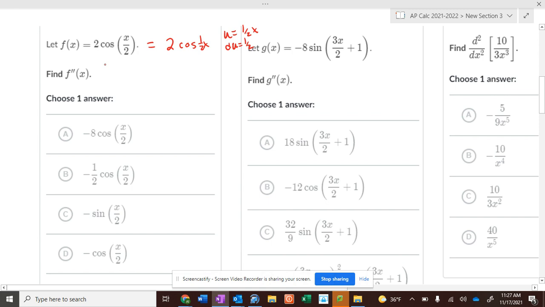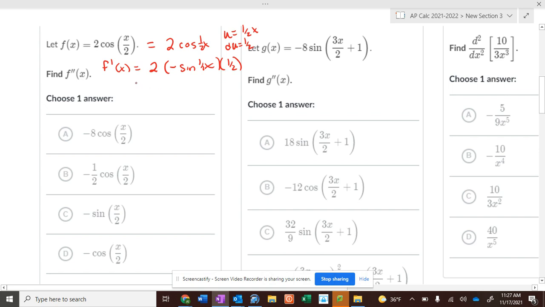So if you take the first derivative of this, it would be 2 times negative sine of 1/2 x times the first derivative of the inside, which is 1/2, correct?